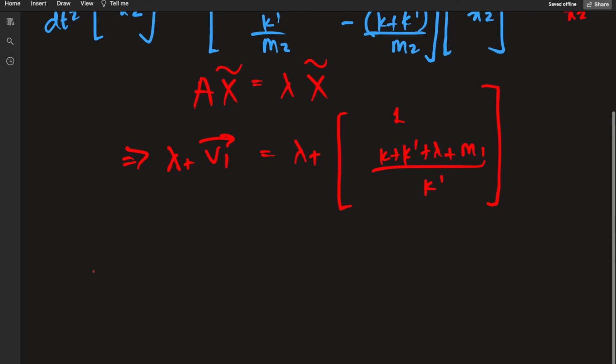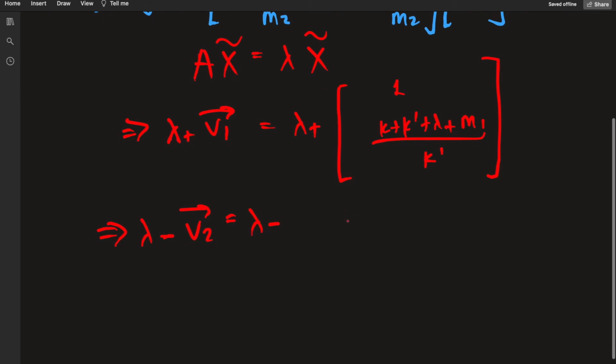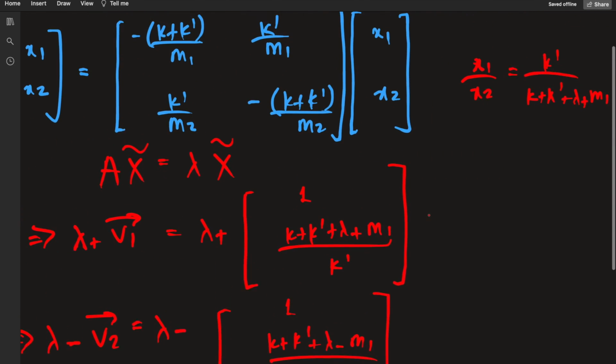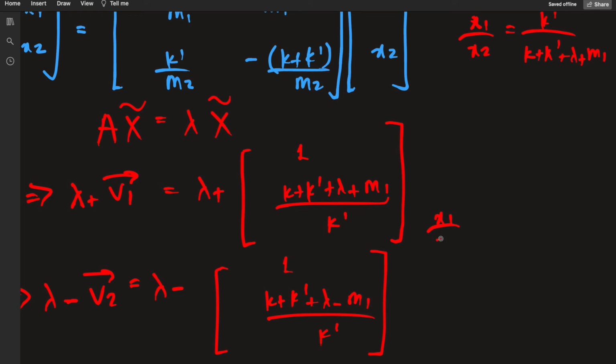We can also break this down into lambda minus and the v2 vector. So lambda minus times 1, (k plus k prime plus lambda minus m1) over k prime, and we get a similar condition over here. x1 and x2 for the second case should be in a ratio k prime over (k plus k prime plus lambda minus m1).